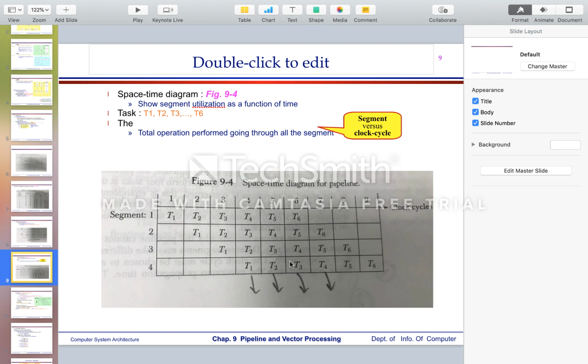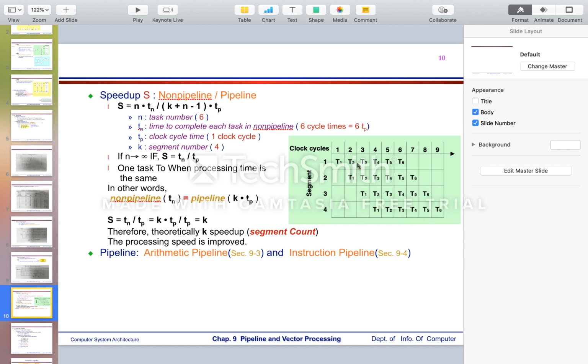So to complete n tasks with k-segment pipelining, how many clock cycles will be required? The first task will complete in k, then all the remaining tasks complete in every next clock cycle. So the clock cycles required for a pipelining system is k plus n minus 1.